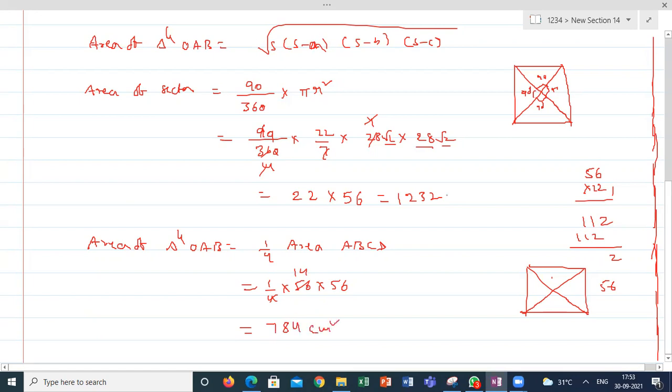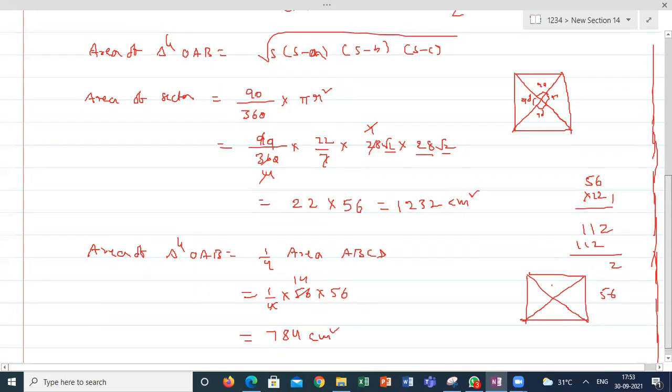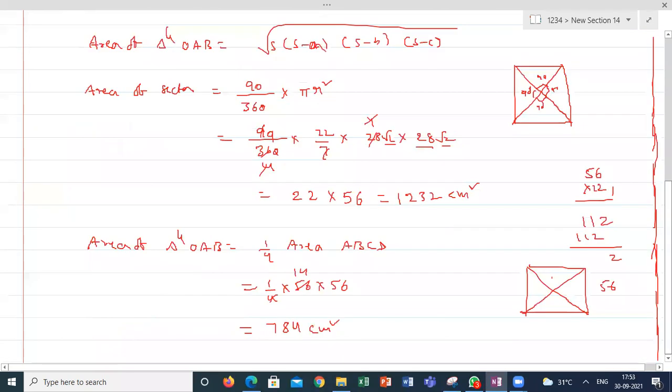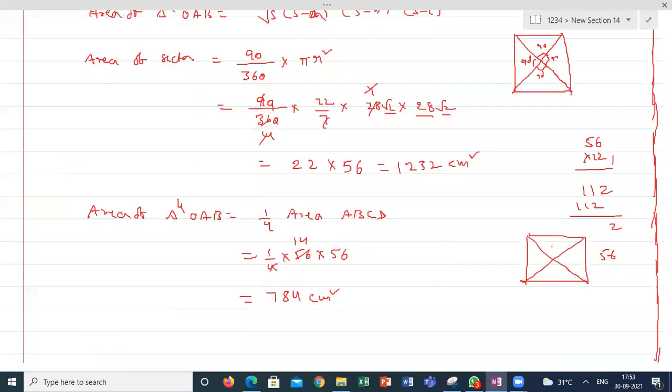784 square centimeters. The sector area is 1232. So what is the area of one flower blade, the area of one segment?